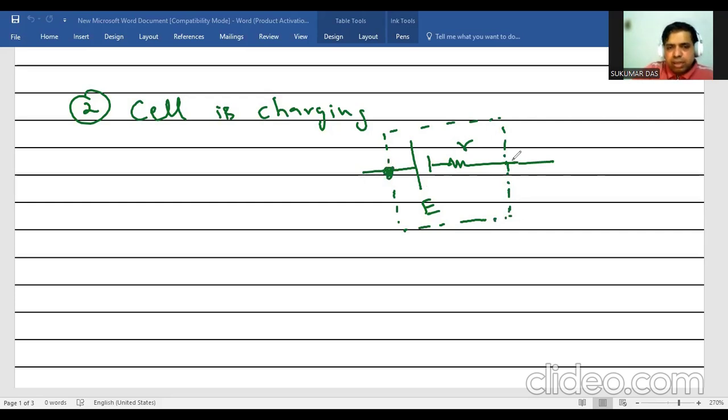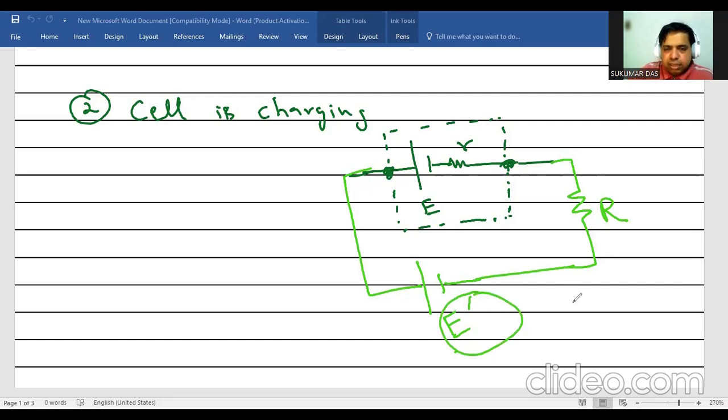Now, let's say there is some powerful battery involved which is supplying the current, and the polarity of the other battery is not our concern right now. So let's say this is E dash. So our other battery is something like this. It means that this powerful battery is supplying current in this direction. If it is supplying current in this direction, that means our weaker battery or weaker cell is getting charged.